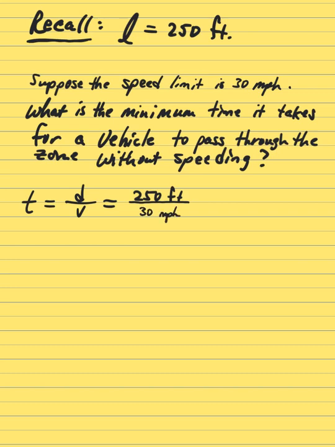If you're going exactly the speed limit, now the problem is we need to convert 30 miles per hour to feet per second, because we're asked to find out how many seconds it takes to pass through the speed zone. I'm going to do that under here. 30 miles per hour, 1 mile is 5,280 feet.